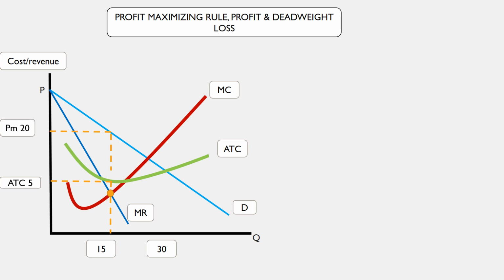For average total cost, you have to go up and hit the average total cost curve, and that's your ATC, which is 5. So profit is the area above the ATC curve and below the price. If you want to know the total revenue, you have to sum up the profit and total cost, so you get total revenue. This whole shaded area is your TR.